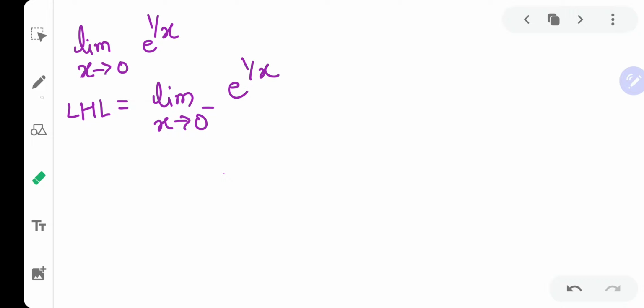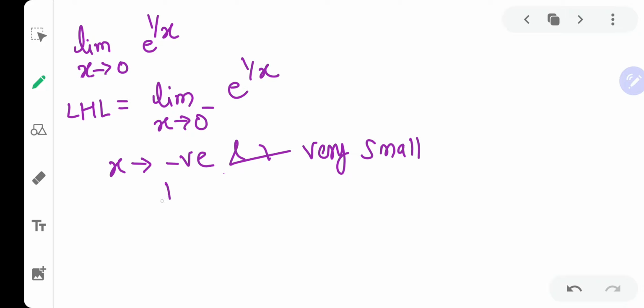So observe very carefully. If x is negative and very small, then what will 1 by x be tending to? It will be 1 by a very small negative number. A very small negative number can be termed as very close to 0.